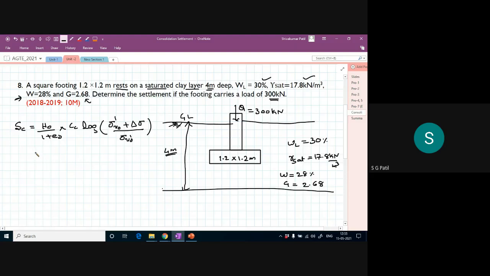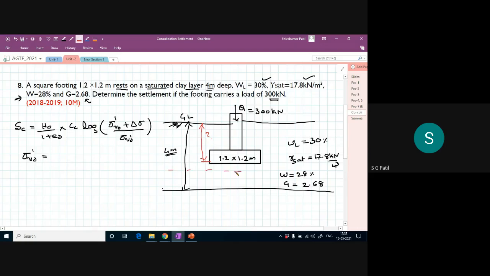First, let me calculate my sigma V naught dash. Always, as I told you, you have to calculate at the center of the clay layer. So this is the 4 meter. Actually, they should give this depth, but they have not given it. For time being, don't bother about this one.